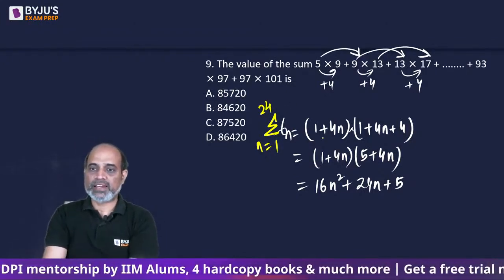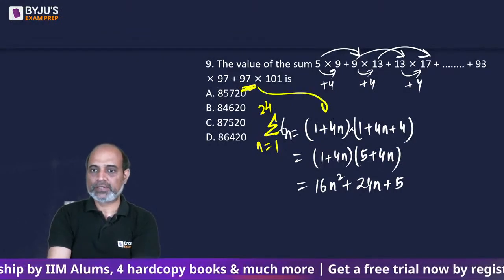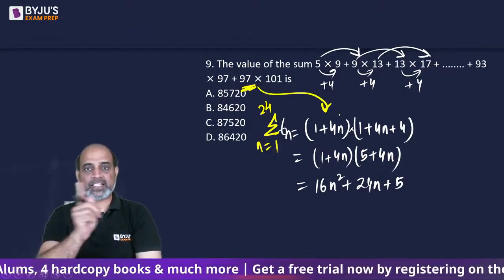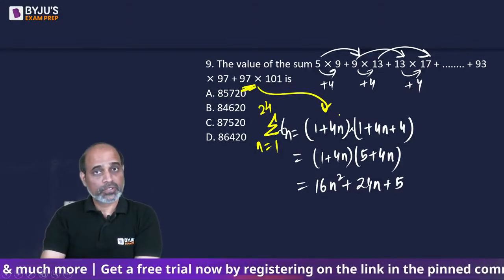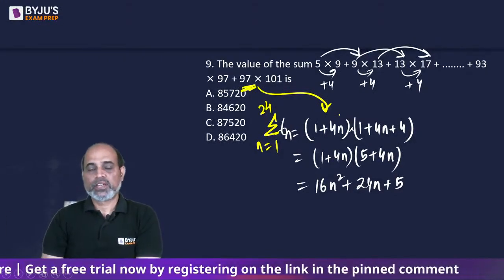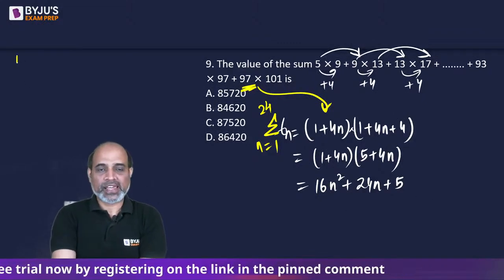Reason being I need this to be 97, right? So 96 plus 1 is 97. So for 96, 4n should be 24. So up to 24.